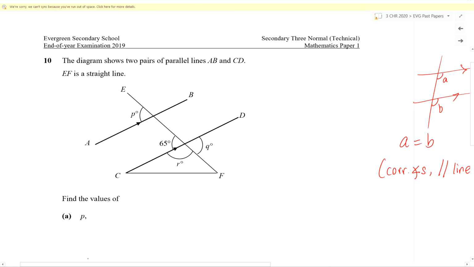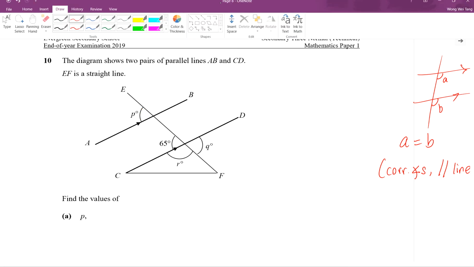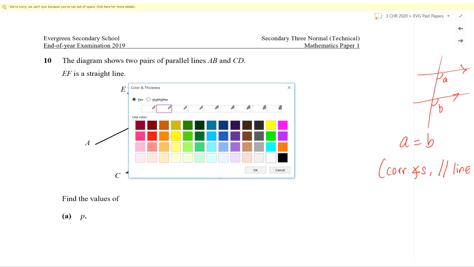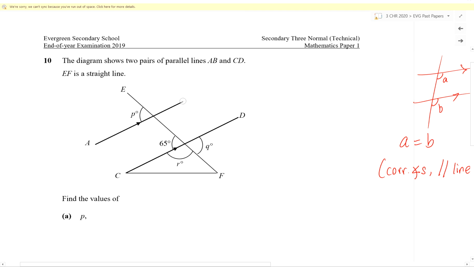When we come back to this question, we want to find the angle P. And we've got parallel lines. So what letter can you find over here? What do you see?